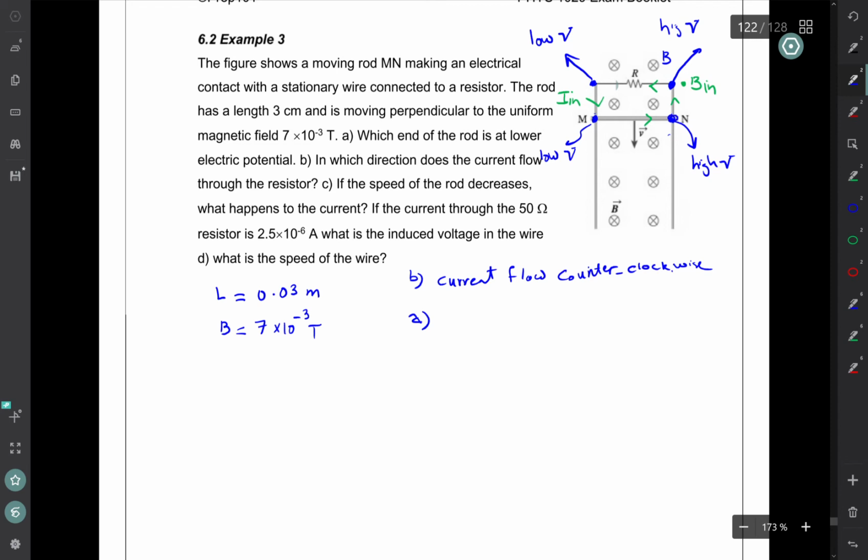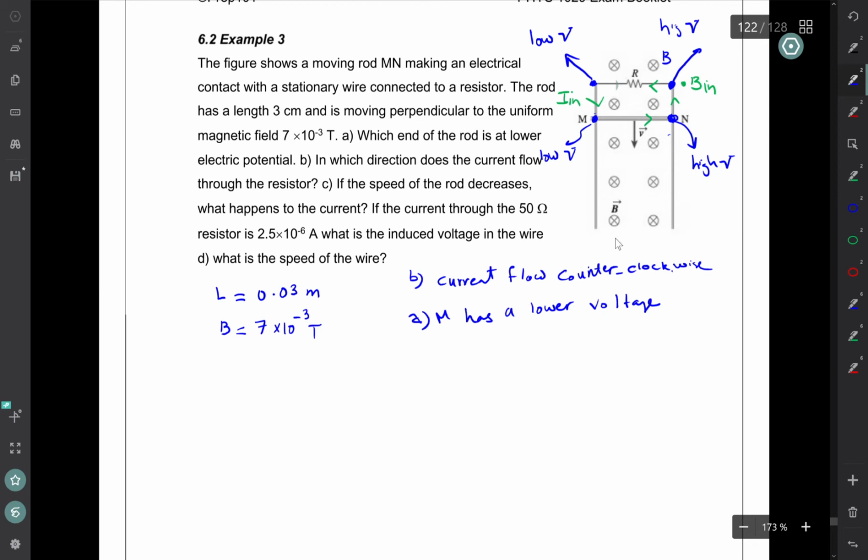So we can see that point M has a lower voltage than N. So I could say M has a lower voltage. Okay, so this one is the small mistake that I made.